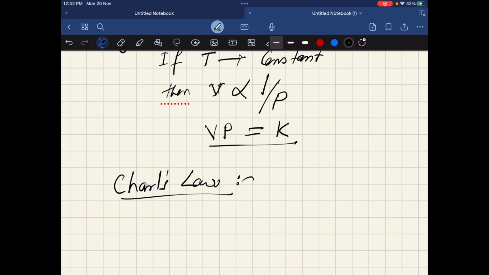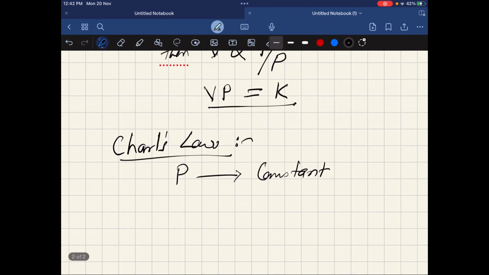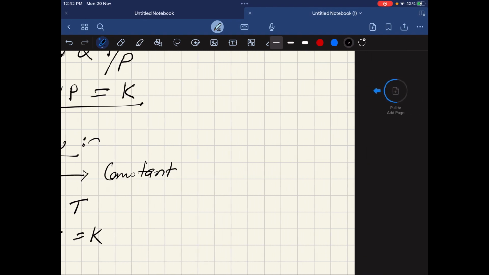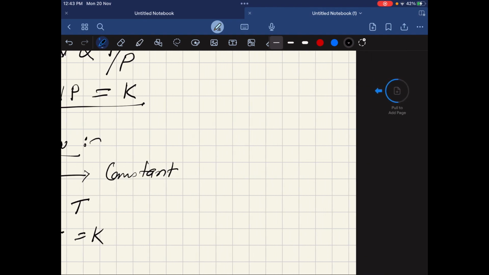That if pressure is constant for an ideal gas, the volume of the gas will be directly proportional to the absolute temperature of the gas at that time. It can also be written as V upon T is equal to constant.